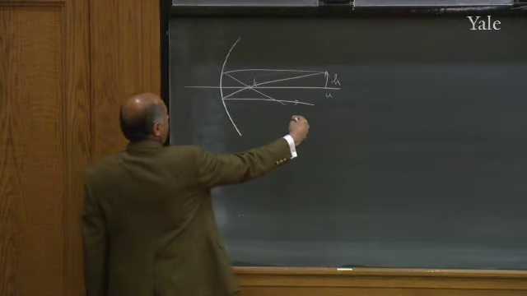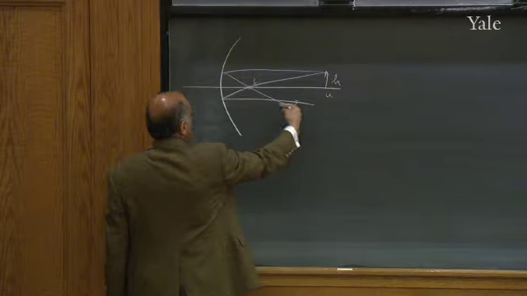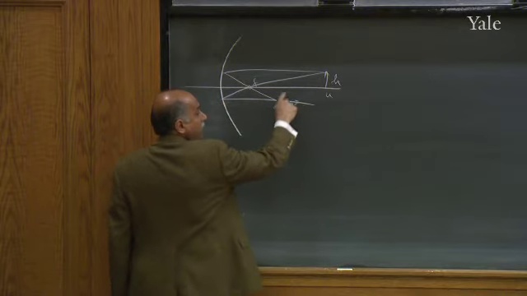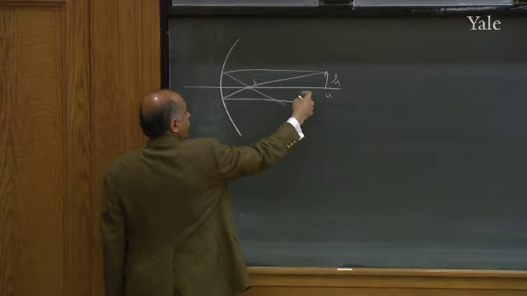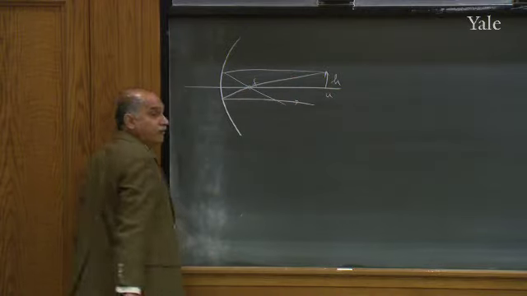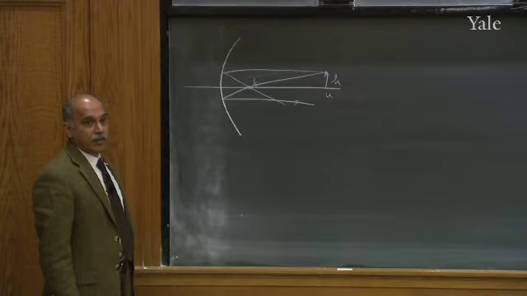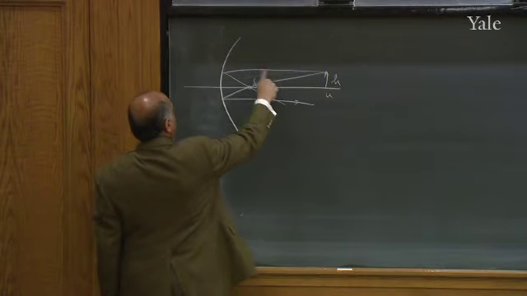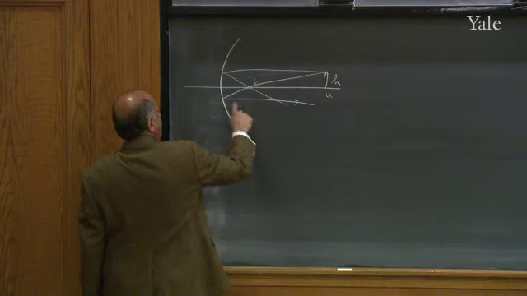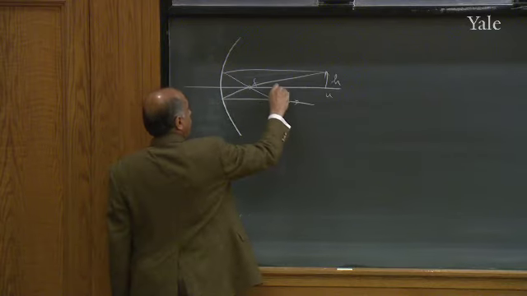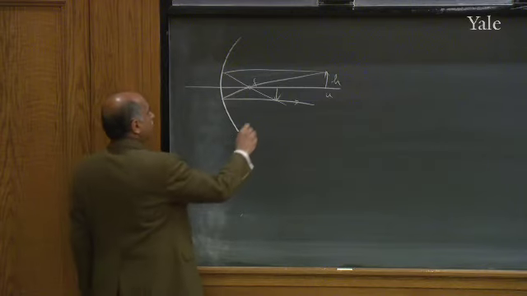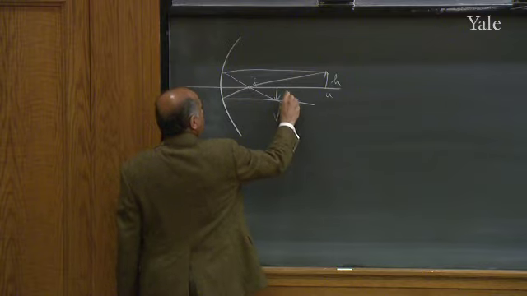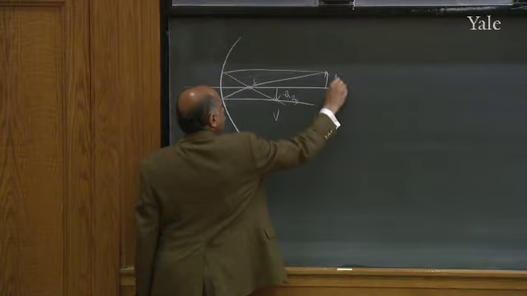I know that if I run the ray backwards, a horizontal ray will go through the focal point. But if going backwards it's a good idea, namely least time, it's also a good idea going forward. That's why we know that a ray parallel will go through the focus, and a ray through the focus will come out parallel. So you join them, and you get the image there. And that's at a distance v at a height h2.